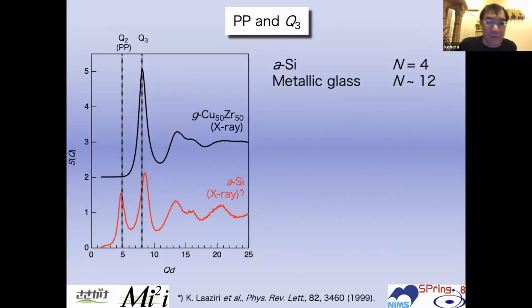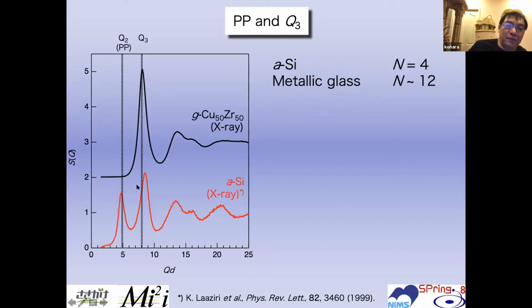Okay, finally, I would like to discuss Q principal peak and Q3. This is Q2 principal peak. We can observe principal peak in amorphous silicon because coordination number of amorphous silicon is 4, still very much lower than metallic glass. So amorphous silicon has much more empty space in comparison with metallic glass.